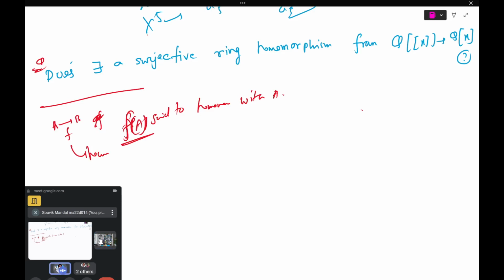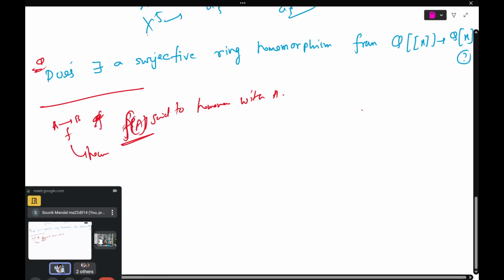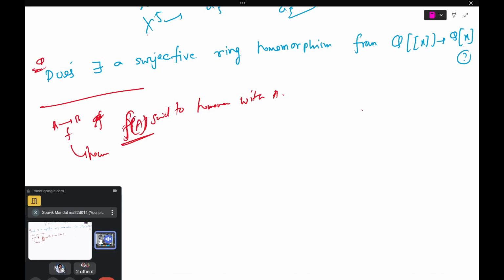One more time, explain please. I can't catch it. So if from A to B there is a homomorphism f, then f of A, that is the image of f, is said to be homomorphic with capital A. Understand?